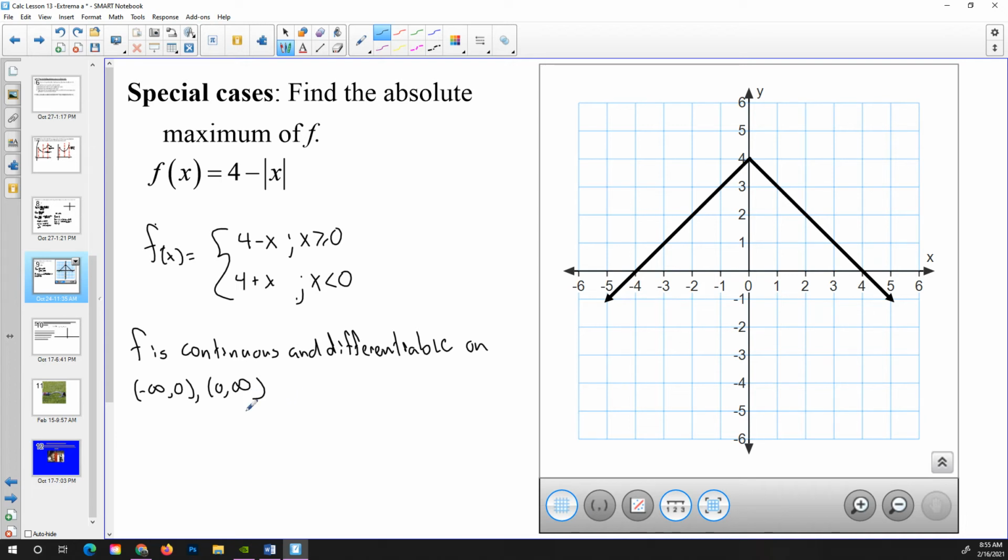And so we have one spot that is not differentiable. So only x equal to 0 is a critical number.